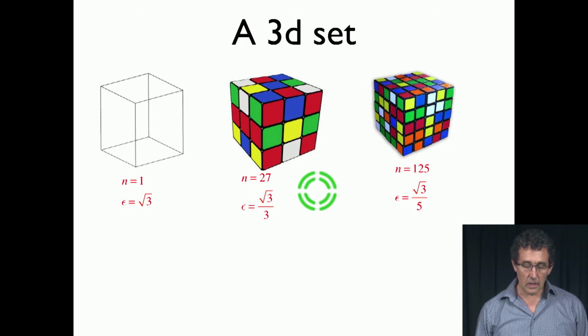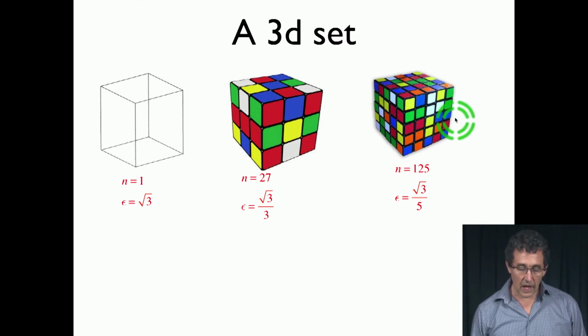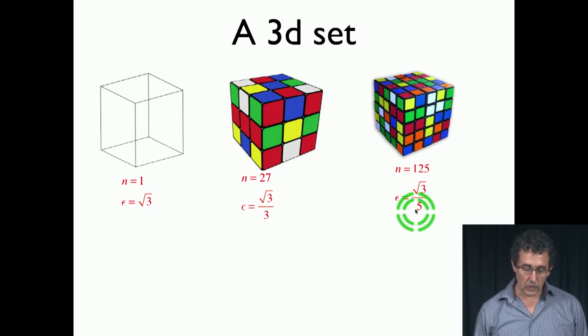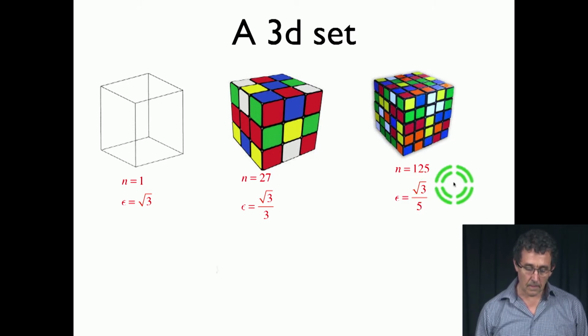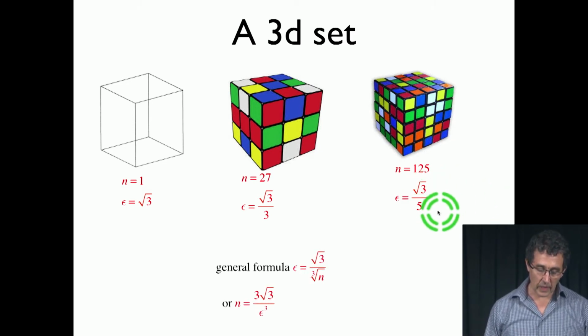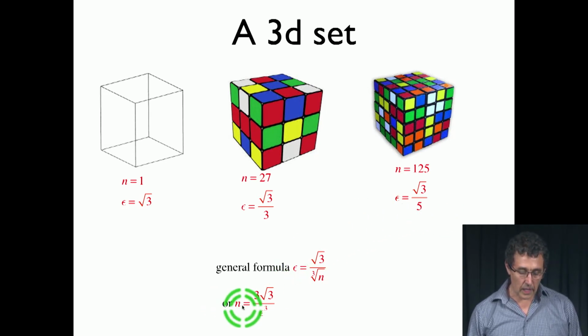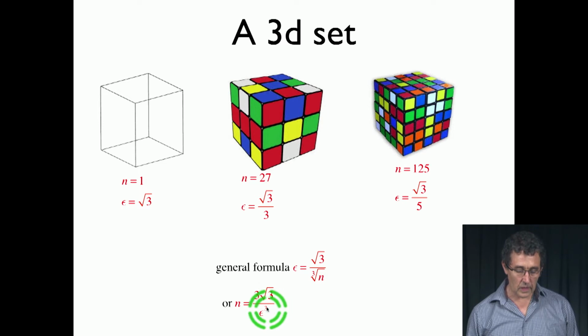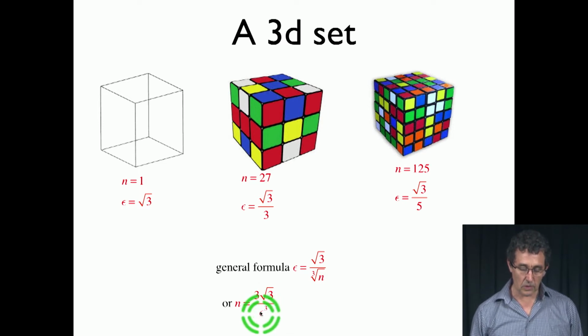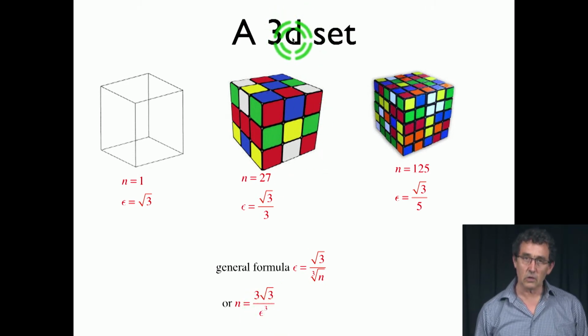If we divide each side by 5, then we get epsilon equal to square root of 3 over 5. So the general formula here is n is equal to 3 times 3 square root of 3 divided by epsilon to the third. You see the pattern where the exponent of epsilon corresponds to the dimension of the set.